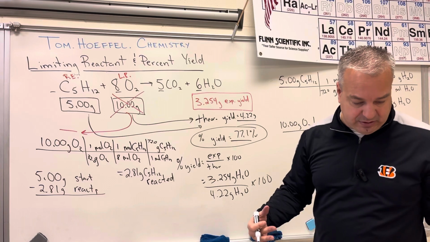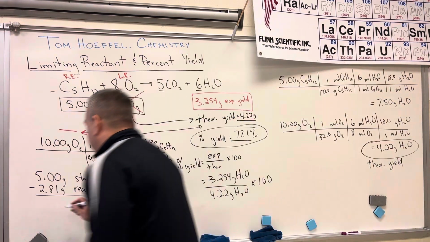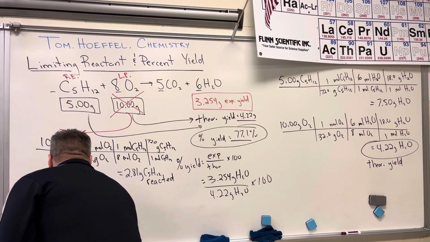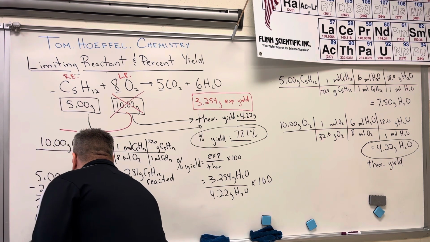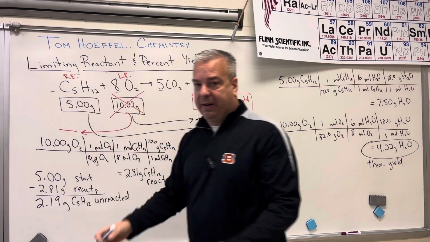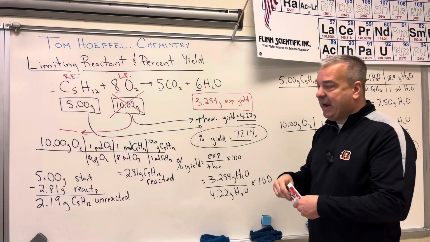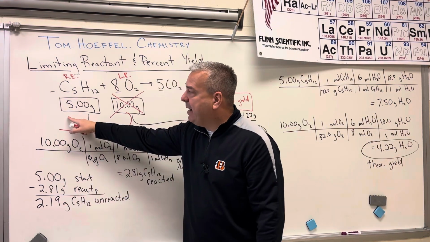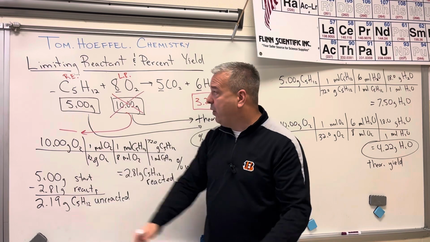And if I subtract the two here, it should come out to be 2.19 grams of the pentane is unreacted or left over. Okay, so when this reaction is done, okay, there's going to be 2.19 grams of pentane left over.